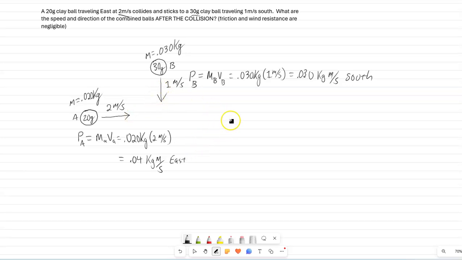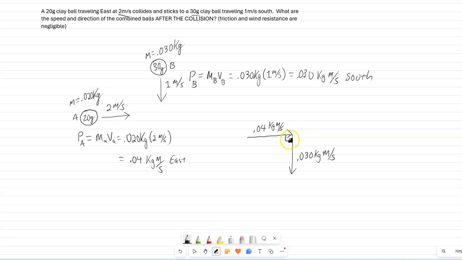What we can do now is simply add these vectors together. Remember, we add vectors head to tail. So we are going to have, heading to the east, 0.04 kilogram meters per second. And then to the south, we're going to have 0.030 kilogram meters per second.